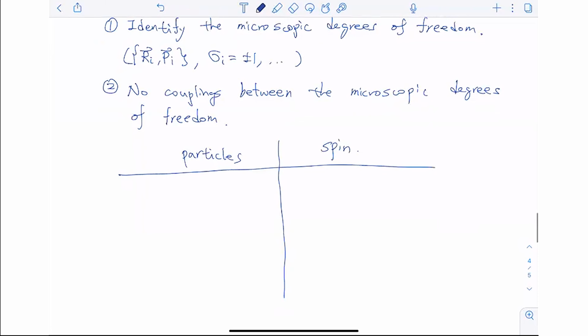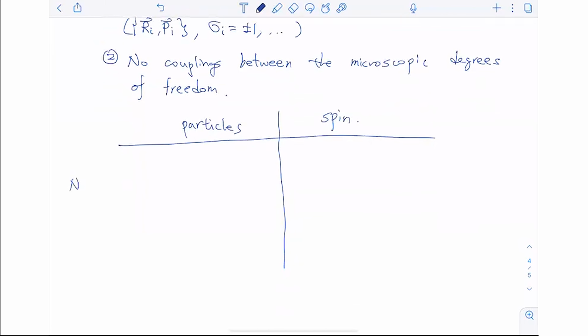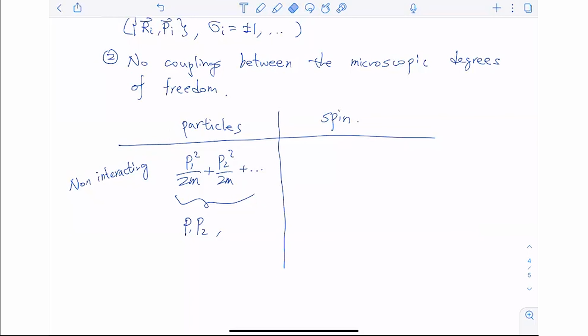So for the non-interacting case, or the interaction-free case, basically you will see terms like your kinetic energy, and there are no couplings like P1, P2, or things like that. Okay.